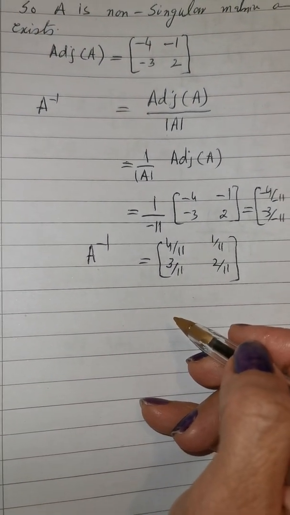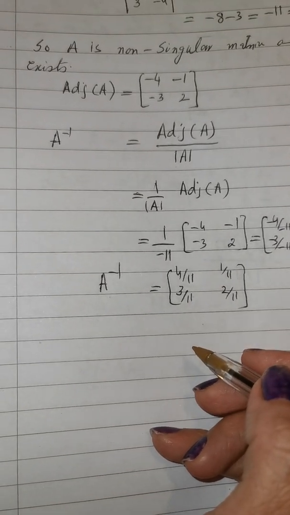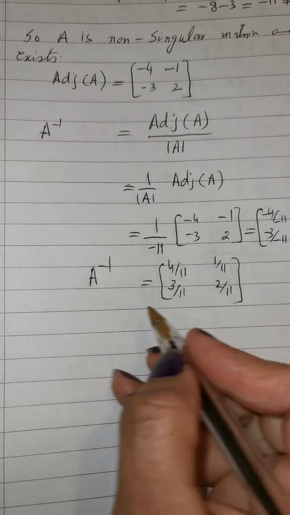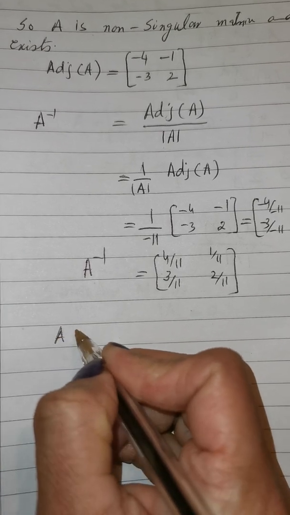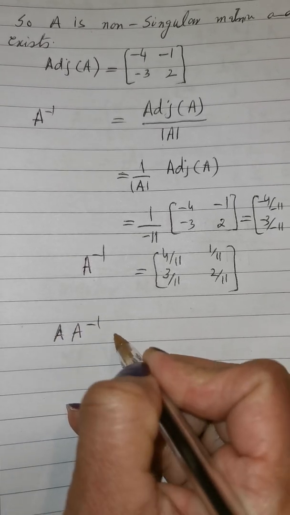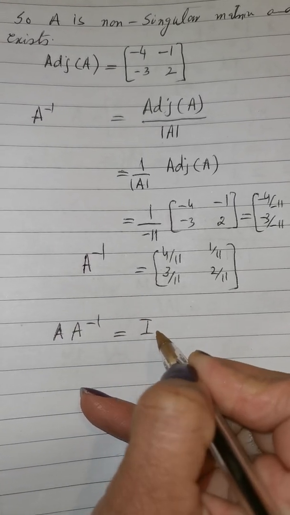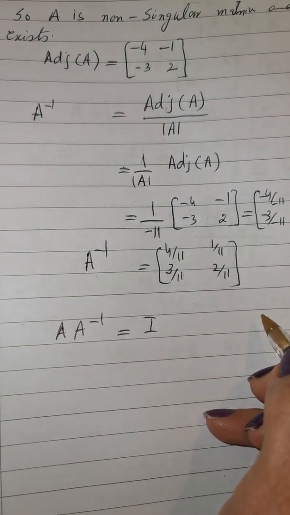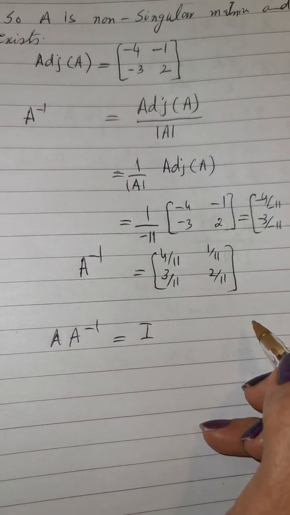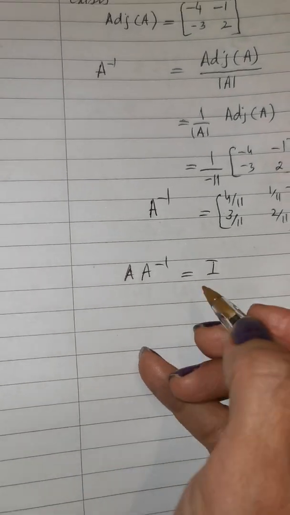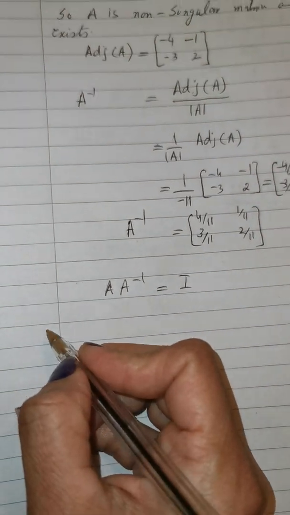Now if you want to check whether your A inverse is right or wrong, keep in mind that A multiplied by A inverse should be the identity matrix, which is 1 0 0 1. If you get the identity matrix, then your inverse is right.